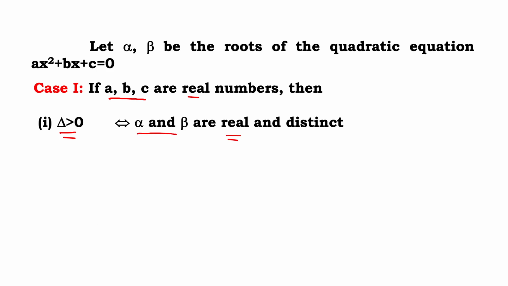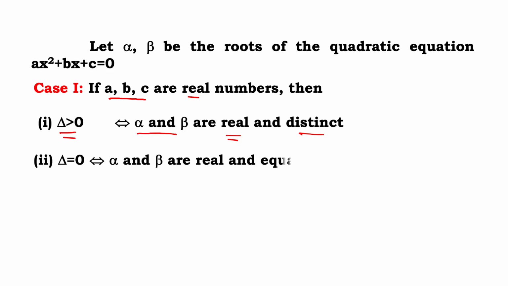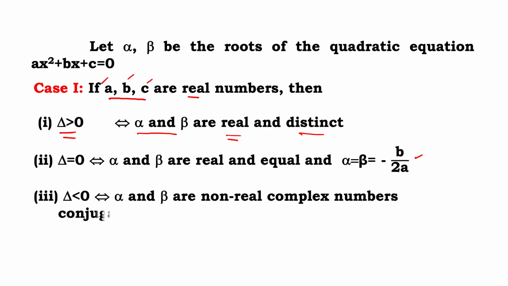Case first, D greater than 0. D is equal to 0: we have already seen that both the roots are real and equal. Why? Because a, b, c are given as real values, right? And if del is less than 0, that is b square minus 4ac is less than 0, then 100% the roots will be complex and conjugate to each other. What is the meaning of conjugate?